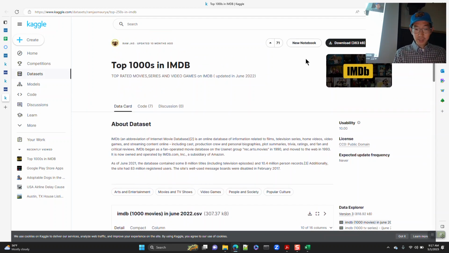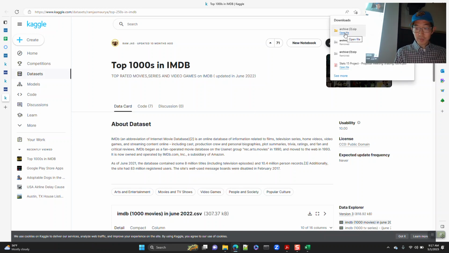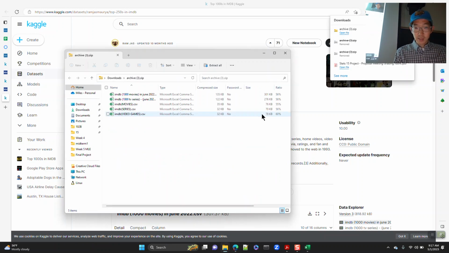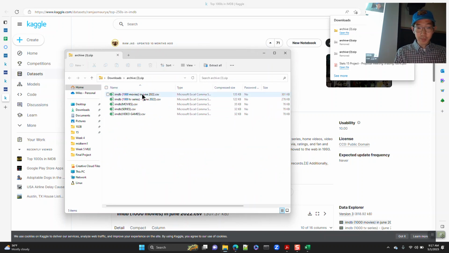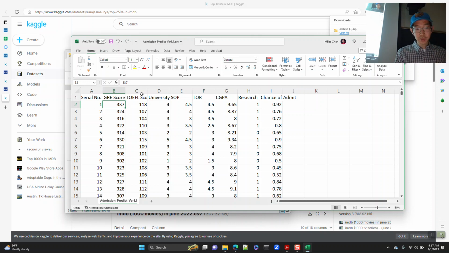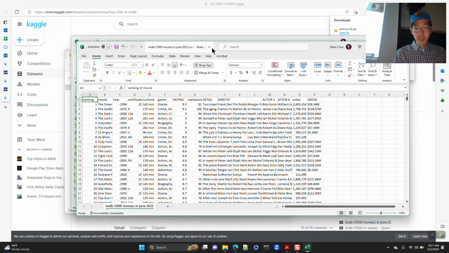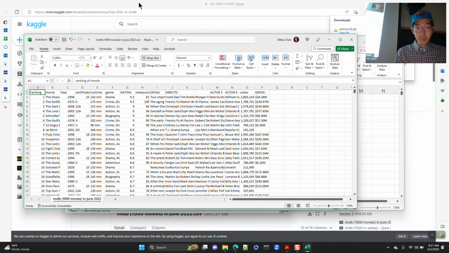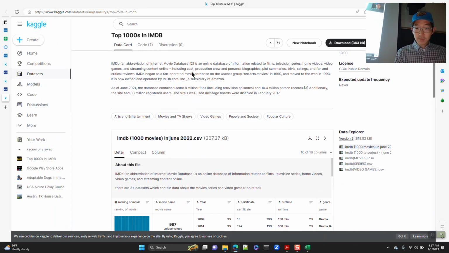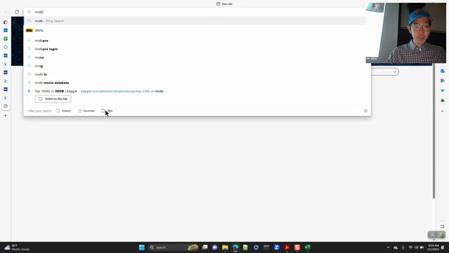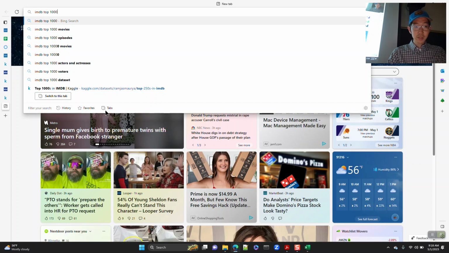So this data set deals with stuff from IMDb. I guess in June 2022, they scraped IMDb and looked at the top 1,000 movies.